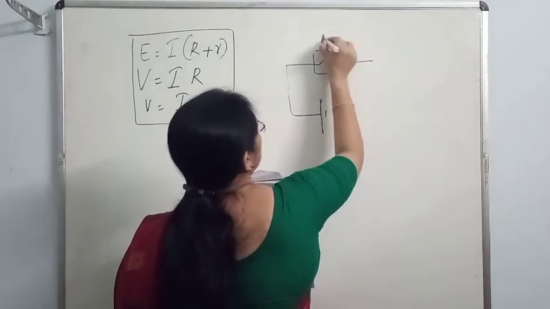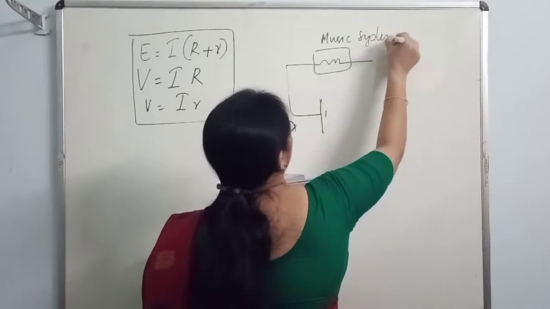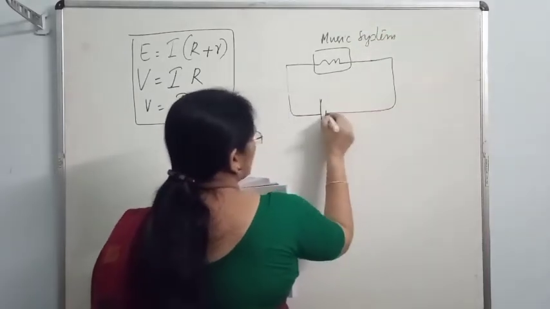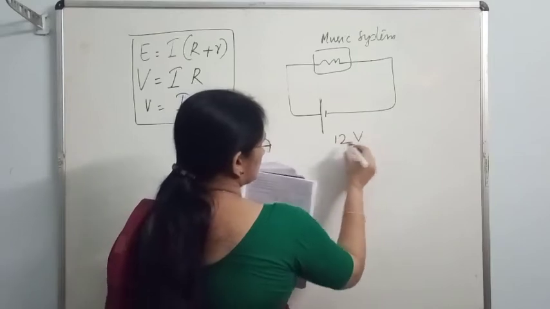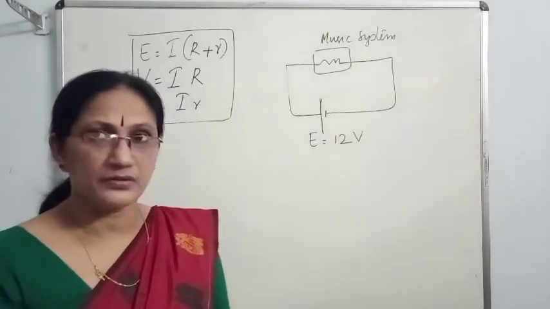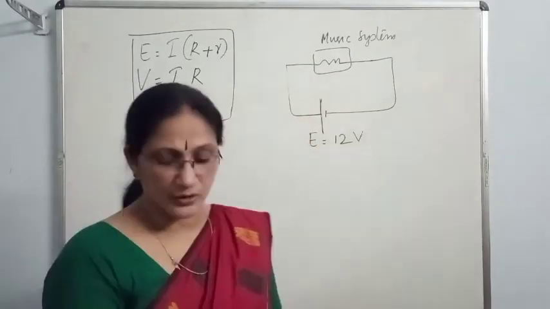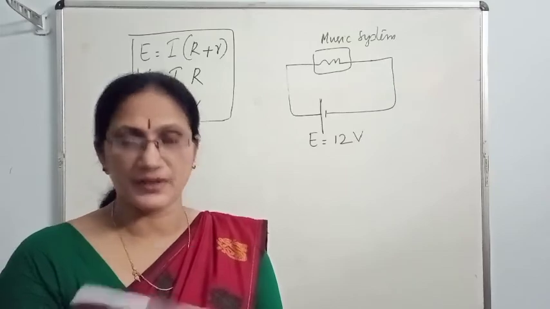This is the music system. It is connected across a battery of 12 volt. A music system is connected across a 12 volt battery. What is the resistance of the music system?